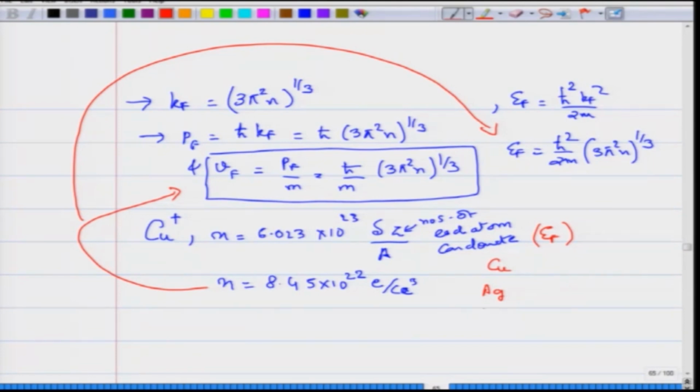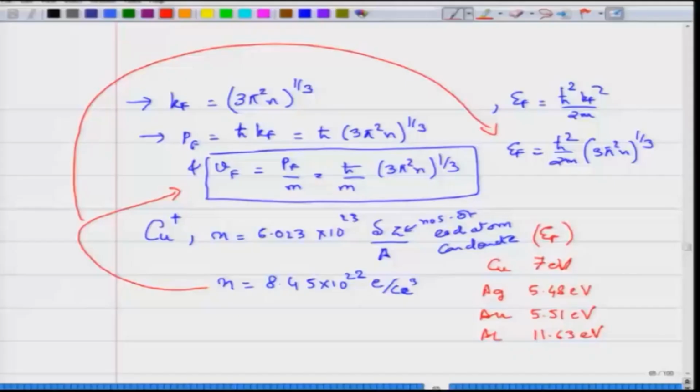The typical values of Fermi energies that you will get, let me write them down. This turns out to be about 7 electron volts, this is about 5.48 electron volts, 5.51 eV, 11.63 eV. So, the maximum energy, or close to the maximum energy, the electrons can have inside a metal because of these quantum mechanical considerations turns out to be far larger than what can be generated by thermal energy.